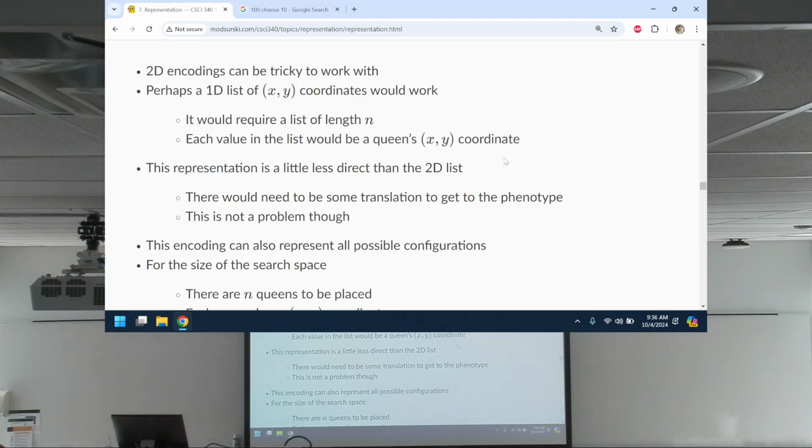Because remember, we're always talking about that gap. In that n by n configuration, that list of lists, we obviously could encode every possible valid and correct configuration. But we're going to include a lot of ones that we don't really want.